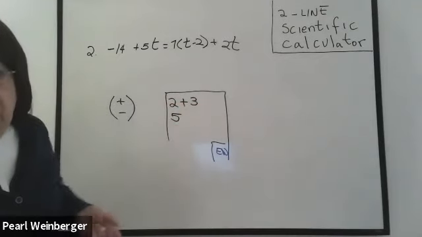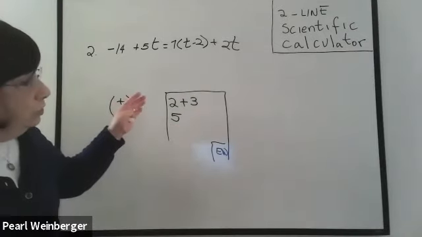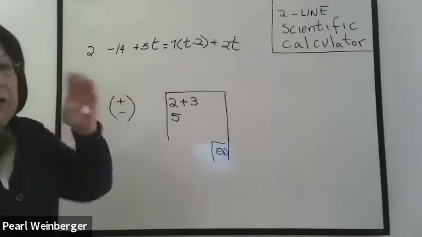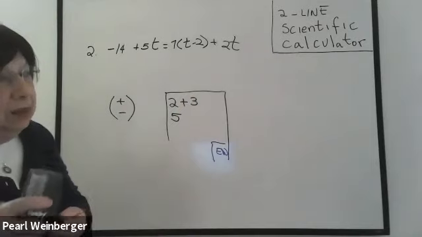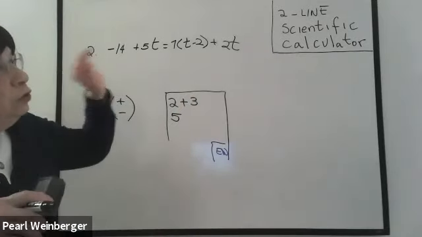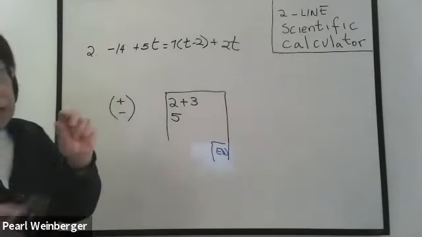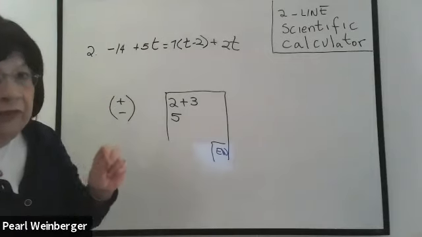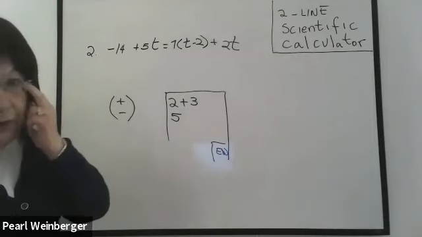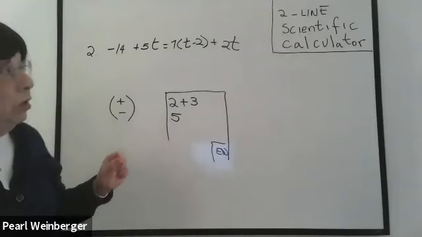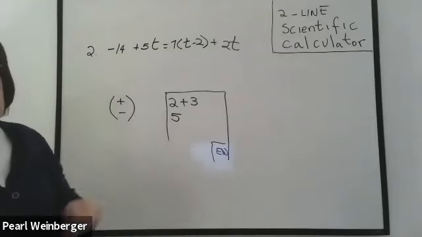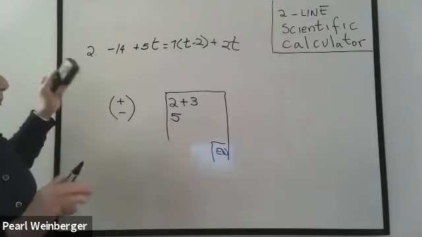A regular one-line calculator, you keep putting things in and you only see the final thing that you put in. A two-line scientific calculator might be a little bit more expensive than the regular calculator, but it's maybe $2 more. It's not a lot more. And it is so much easier to use.